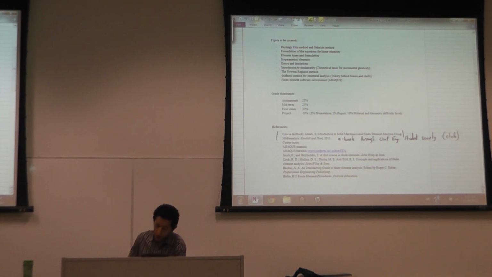The ebook has newer problems compared to the book if you took 398 or bought the book itself, but I will be posting the new problems. So if you have the older version, or if you can buy the older version, it's fine. And if you don't want to buy the book, but you just want to look at the problems, I will also post the problems, so you don't have to buy the book. But I recommend it because it has a lot of reference material that you might need for other courses.